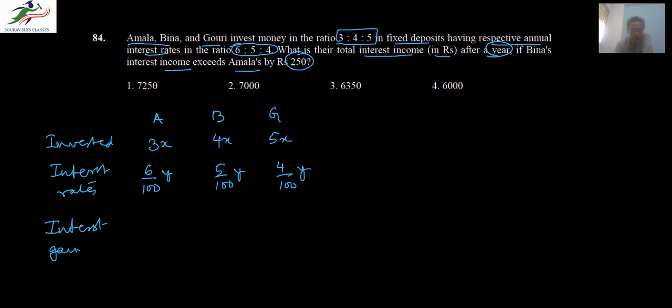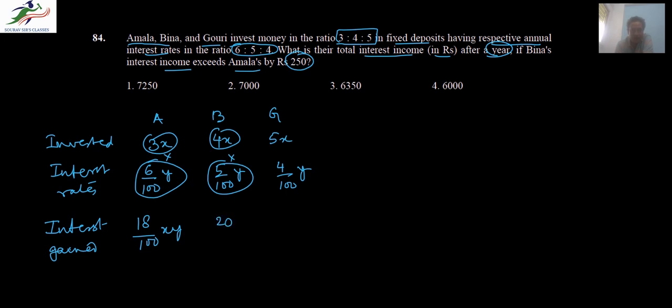Interest gained by each would be 3x multiplied by 6 by 100 y. So 18 by 100 xy would be the interest gained by Amala. Similarly, 4x multiplied by 5 by 100 y will be the interest gained by Bina.